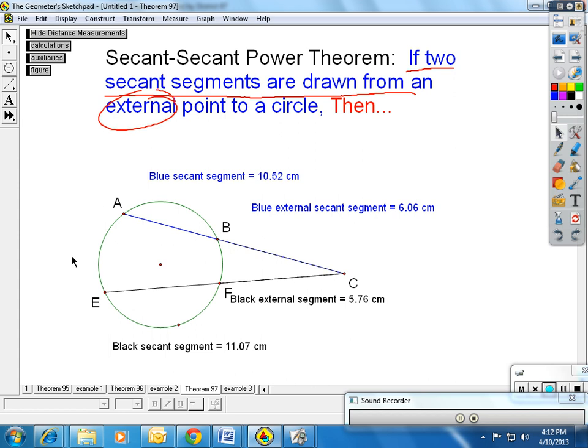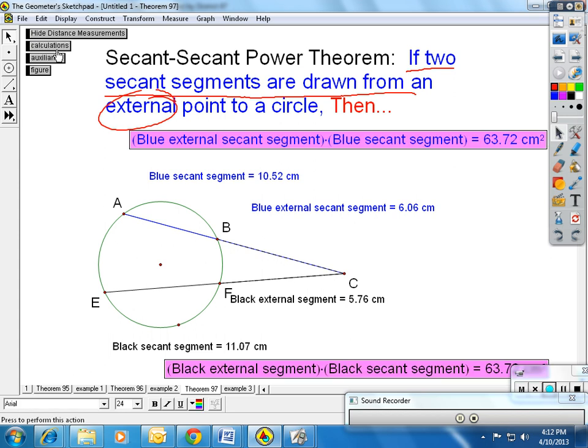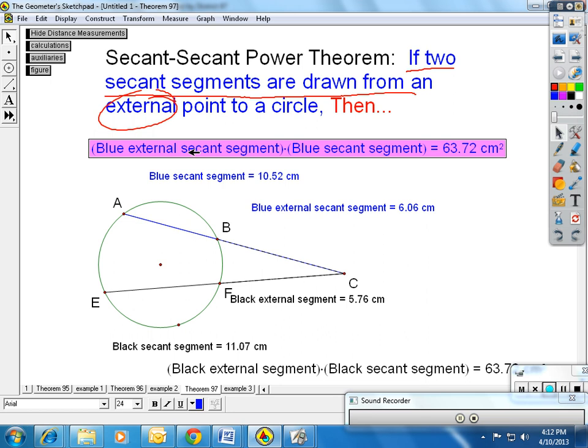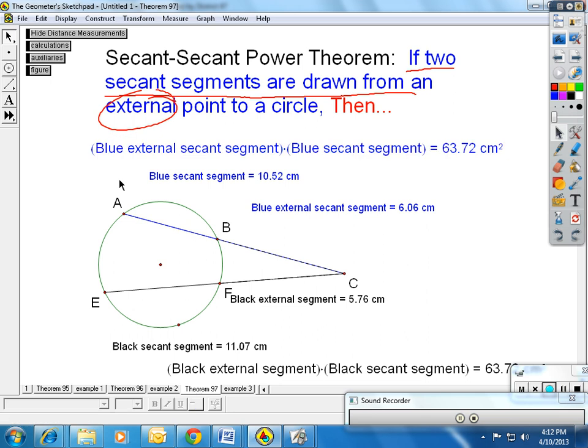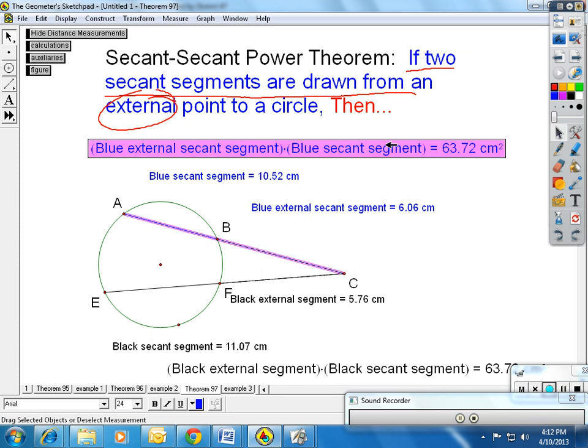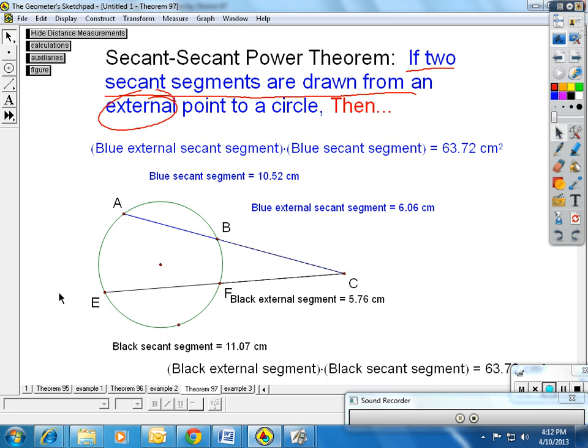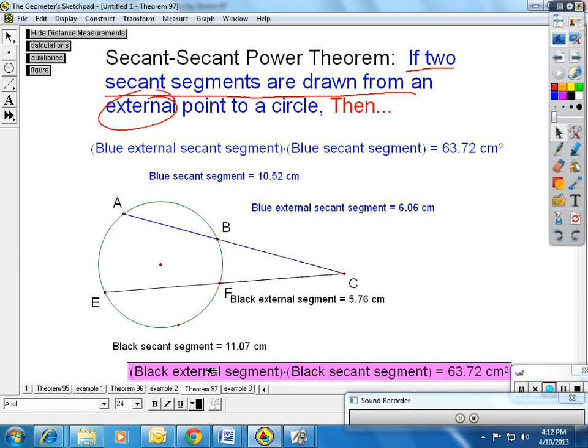What you're going to see is a similar calculation using multiplication. If I take the blue external, that's this, and multiply it by the entire secant, I get 63.72. If I multiply the black external times the entire secant, I get 63.72.